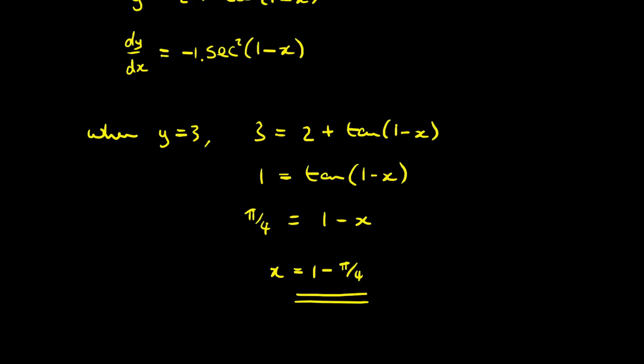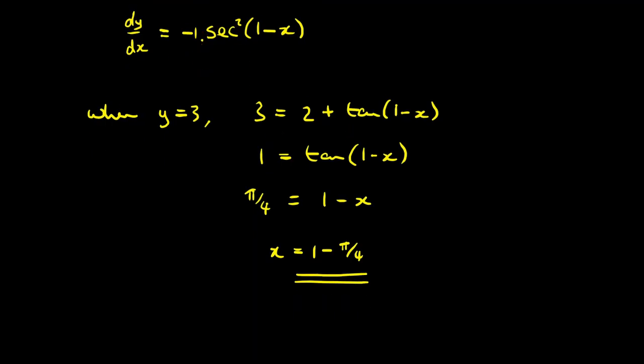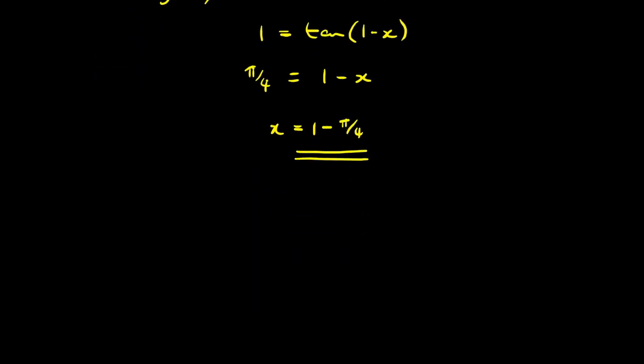All right, so now we've got our x, so we can substitute it into our dy/dx term up here. So let's do that. Remember that dy/dx was equal to minus sec squared (1 minus x).